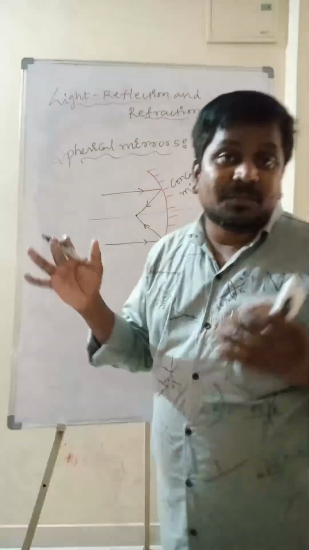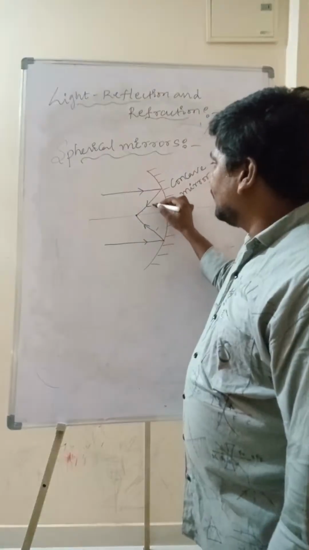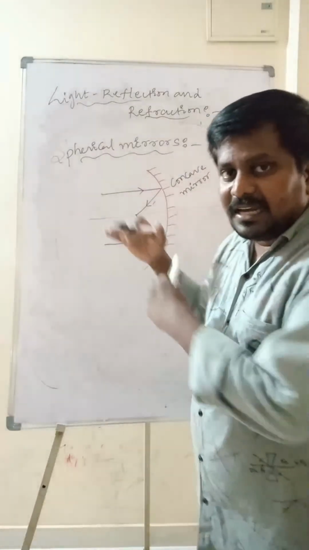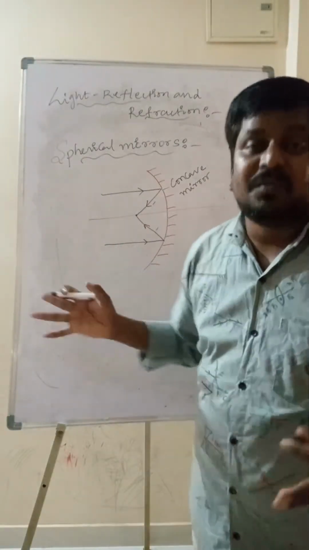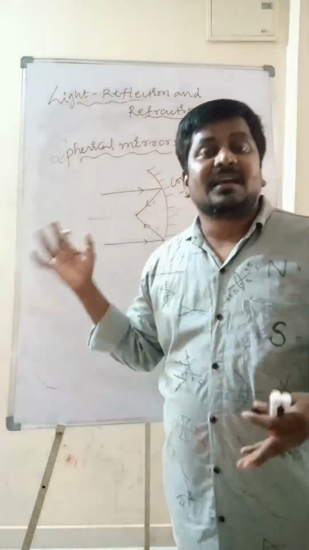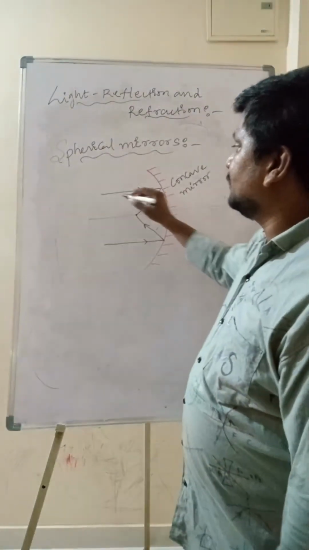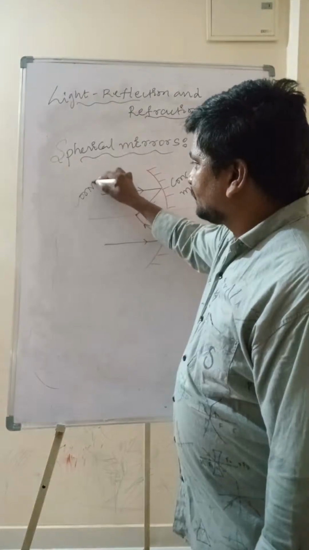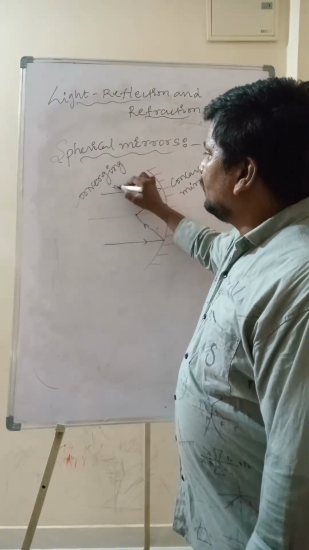These are the reflected rays, moving towards the principal axis. That's why the mirror which is converging the light rays is called a converging mirror.